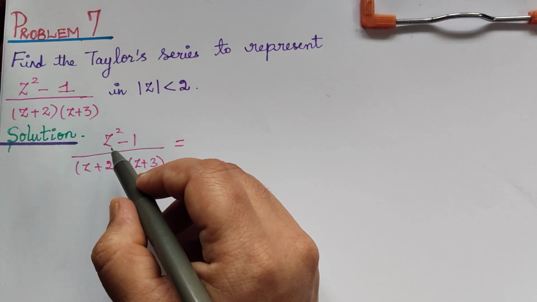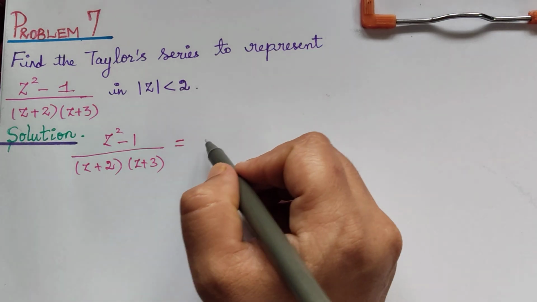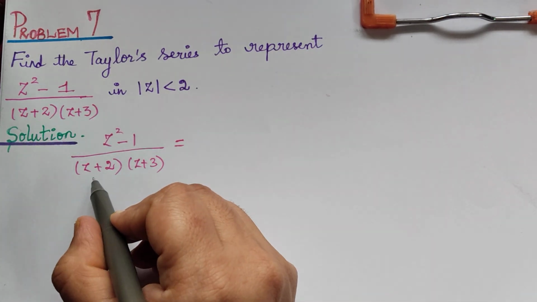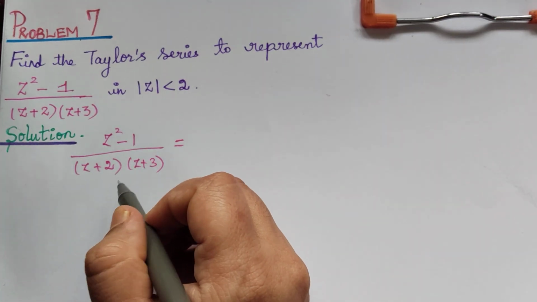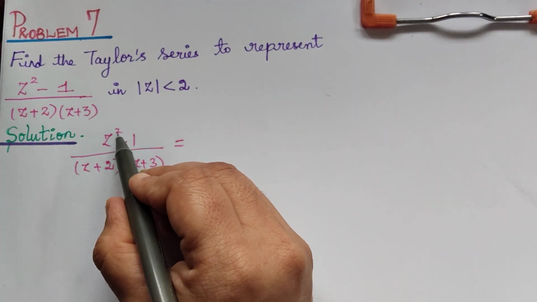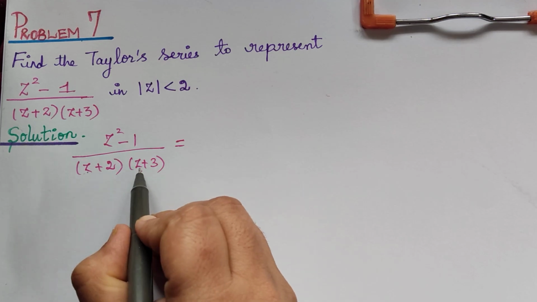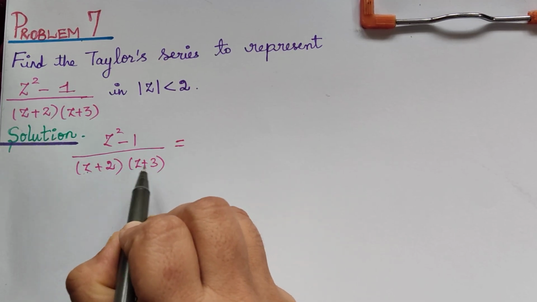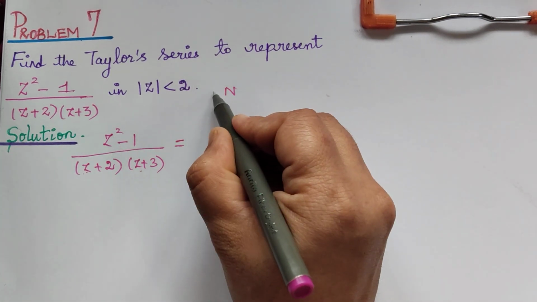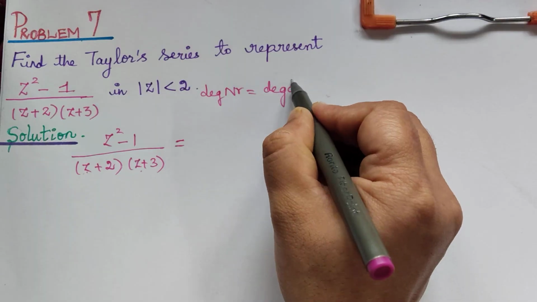So when the degrees are equal, then it can be split up by adding a constant, followed by the other terms. Here in this problem, the degree of the numerator is 2 and the degree of the denominator is also 2, because here we have z and here also we have z, so on multiplication the degree of the denominator will be 2. Which means the degree of the numerator is equal to the degree of the denominator.